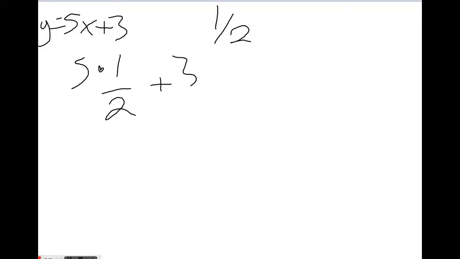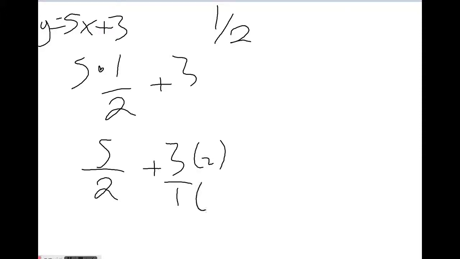5 times 1/2 is 5 over 2, plus 3. You can't add those directly, so we have to give the 3 a common denominator of 2. To do that, we multiply by 2 over 2.